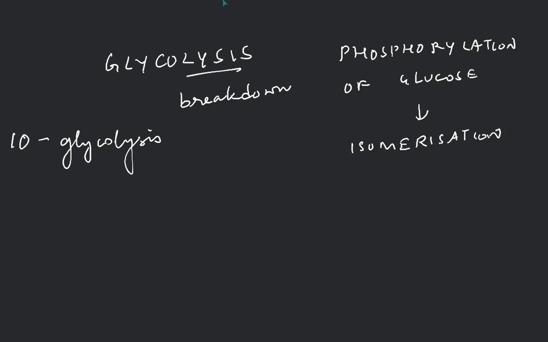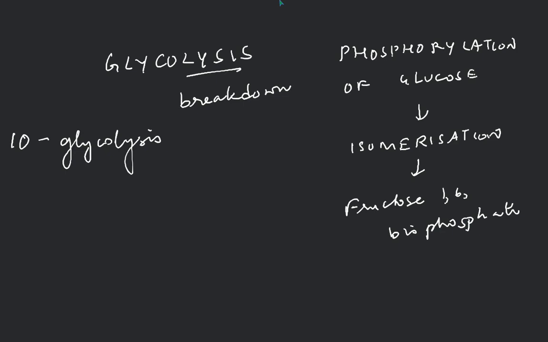Then the third step is again phosphorylation, where fructose 6 phosphate forms fructose 1,6-bisphosphate.